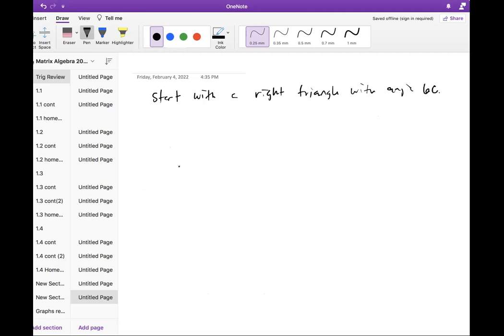So let's have a right triangle with angle 60, and let's let the hypotenuse be length 1. We want to find out what the size of this triangle is. If this angle is 60 and this angle is 90, that's 60 plus 90 plus something is equal to 180.